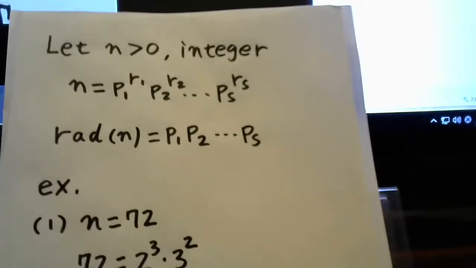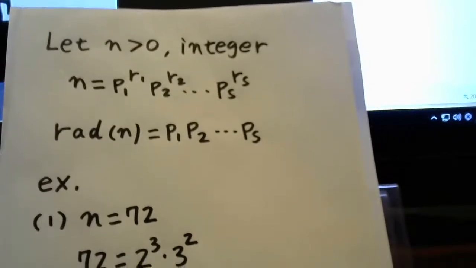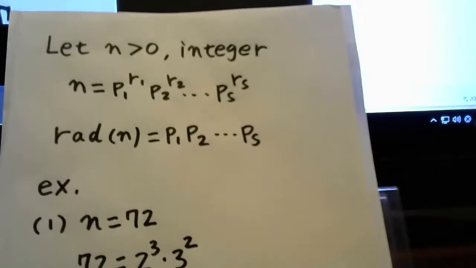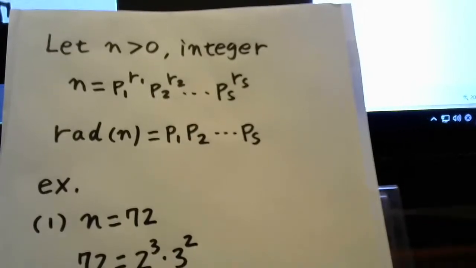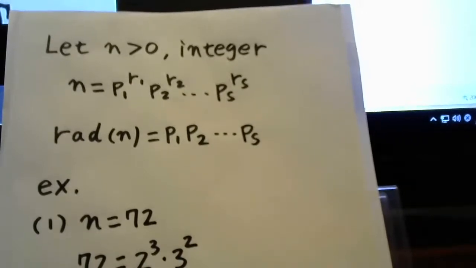Then the radical of n is p1 times p2 times ps. In other words, it's the product of prime factors of n.